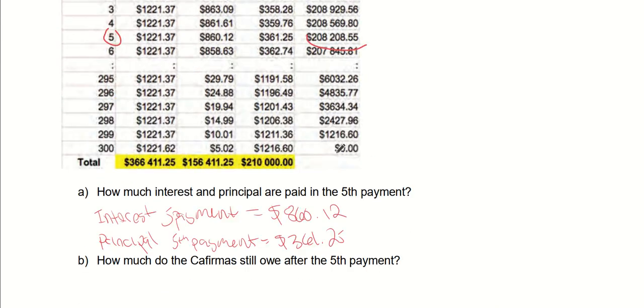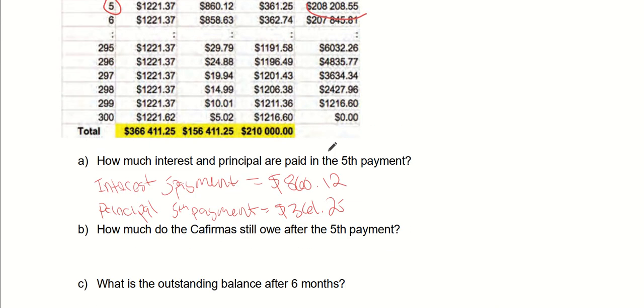So I'm going to write it down here. How much do they owe after the fifth payment? They still owe $208.55. That's a lot of money.